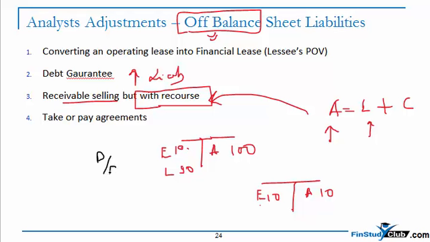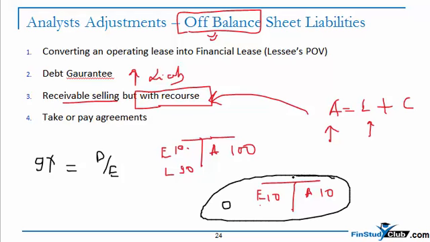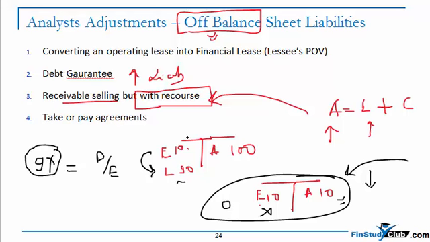The leverage ratio, debt to equity, is going to be huge, 9 times, whereas the debt to equity in the netted version is going to be 0. So a netted balance sheet is going to signify as if the company is absolutely riskless, and a fresh loan could be taken at a very low cost if you have netted off things. But if you have grossed it up and shown it at the total liability level, then basis the 9 times risk, your lenders are going to charge a bomb for it.